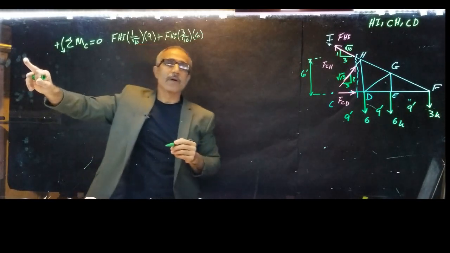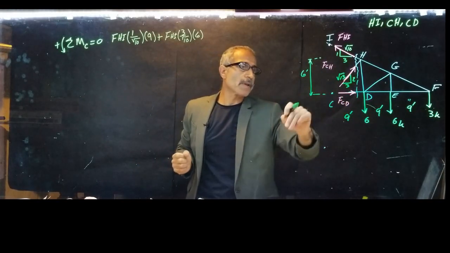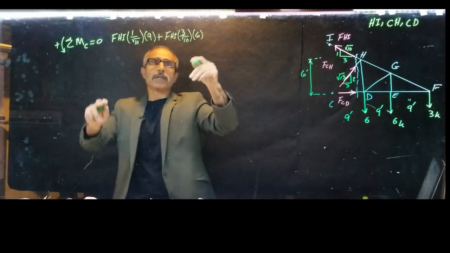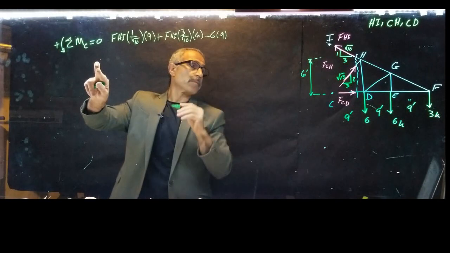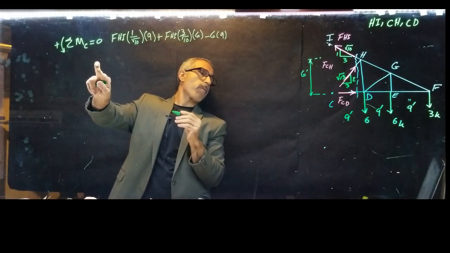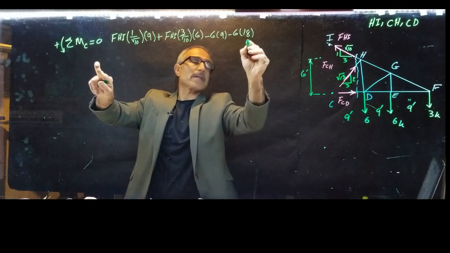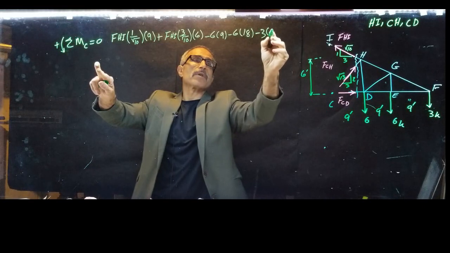Now this one is no good because it goes through the same point. Then I have this one, which is going to be negative, minus 6 times 9. The next one is minus 6 times 18, and the next force is 3 kips times 27, minus 3 times 27.